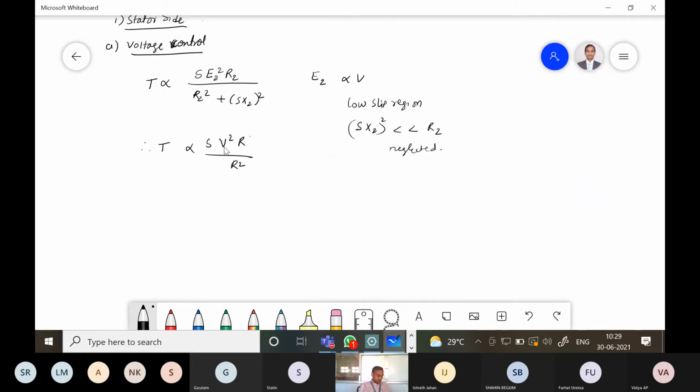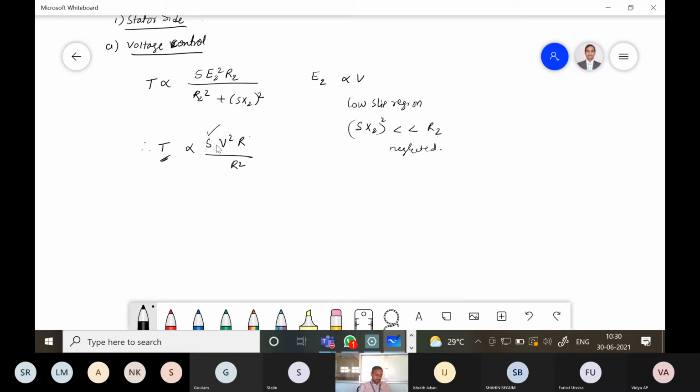Torque produced also decreases, but to supply the same load it is necessary to develop the same torque, hence the value of slip has to increase.